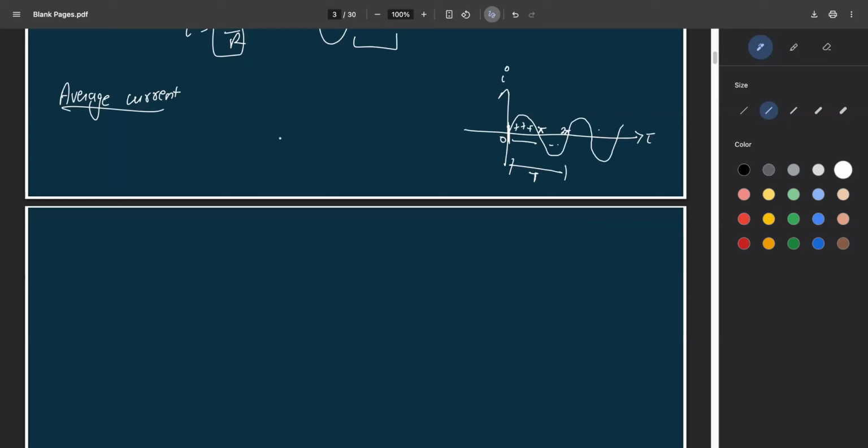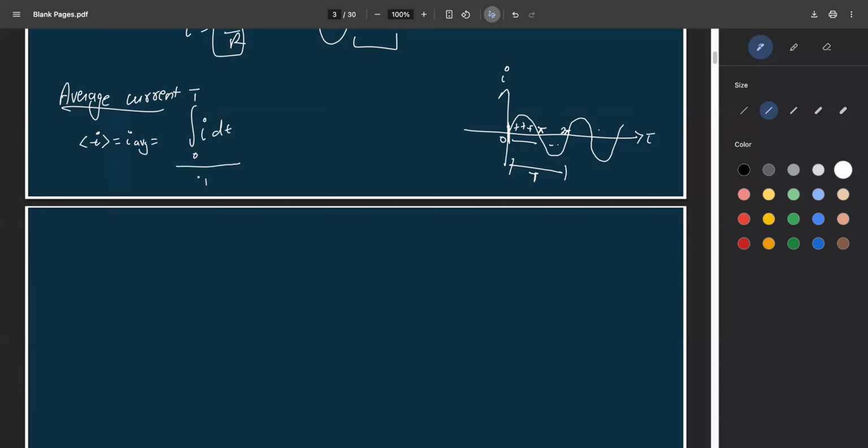You can actually check this also. Average will be represented this way. I'm going to calculate the average from 0 to 2 pi. So you get the integral of I dt from time 0 to the time period T, divided by the complete time period.